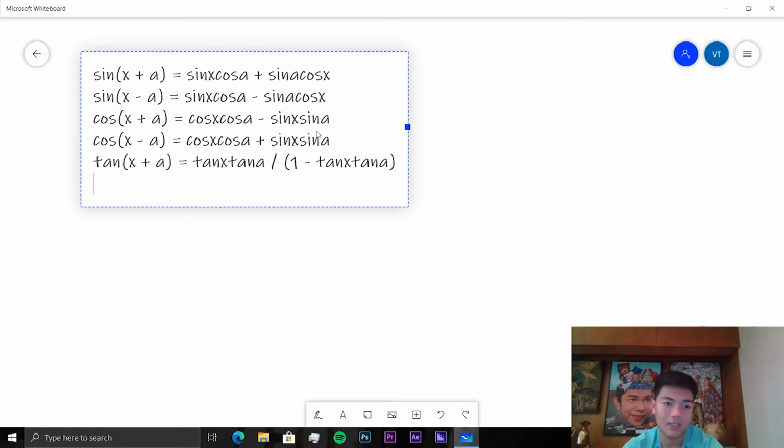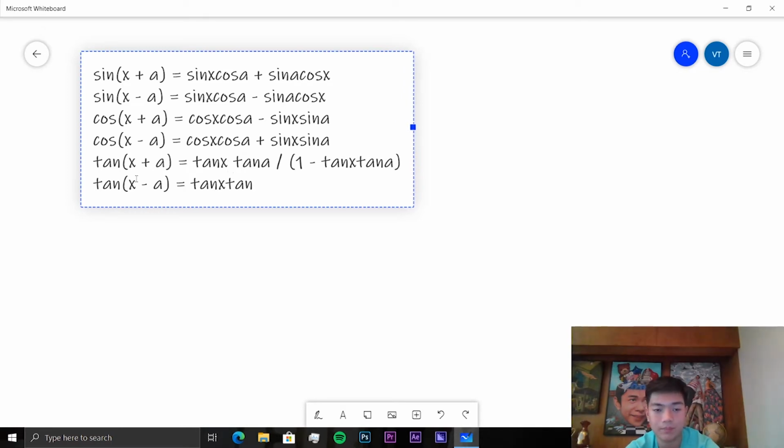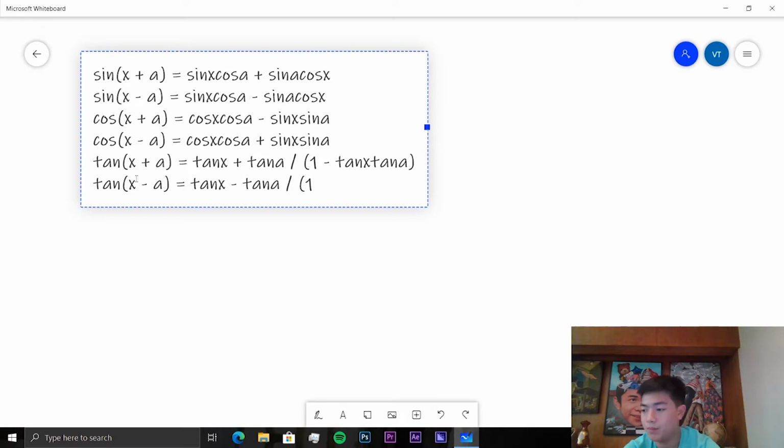And similarly, tangent of x minus a is equal to tangent of x minus the tangent of a over 1 plus the tangent of x tangent of a.